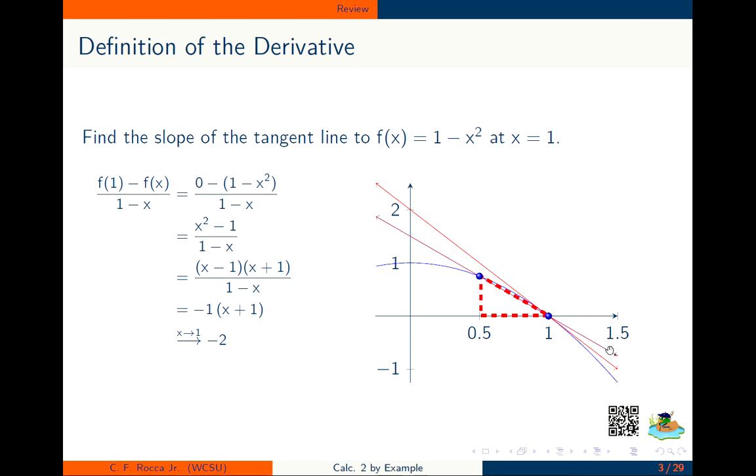So we found the slope of the tangent line. We found the derivative by approximating with secant lines and then refining our approximations a little bit at a time, and then taking a limit of that refining process to get the exact answer. That is an important concept behind calculus, whether it's Calculus 1 or Calculus 2 or Calculus 3 or differential equations.